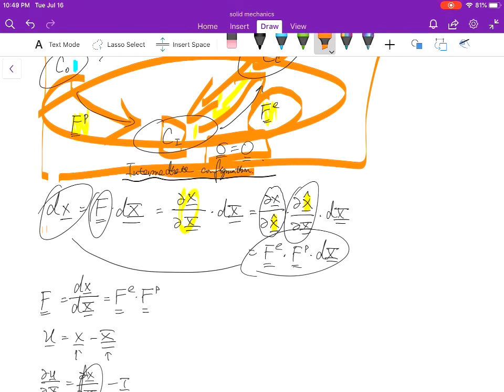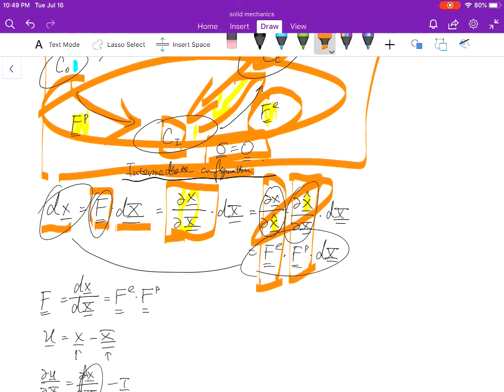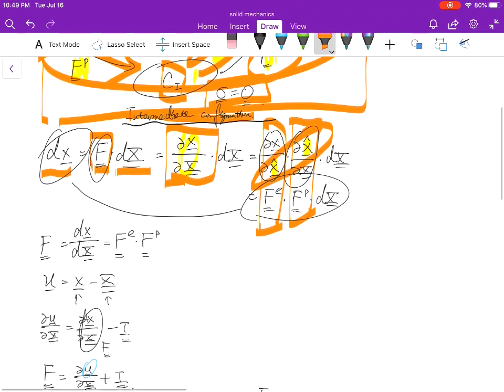Consider an element in the current configuration and an element in the reference configuration. We have this deformation tensor to link them, and this deformation tensor can be further written like this. If we use the chain rule, we can write this in terms of the intermediate configuration, and we can recognize this as the elastic part of the deformation gradient tensor, and this as the plastic part.